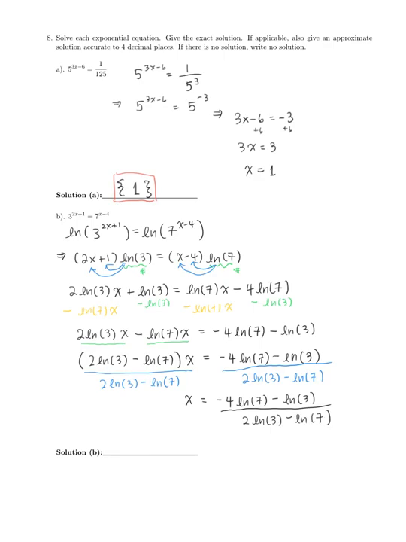Yes, you can simplify this a little bit more, but don't do it. Just leave that as your answer. So I'm going to write the solution set as negative 4 ln of 7 minus ln of 3, whole thing over 2 ln of 3 minus ln of 7. Okay, just box that for the answer, and here you have it.